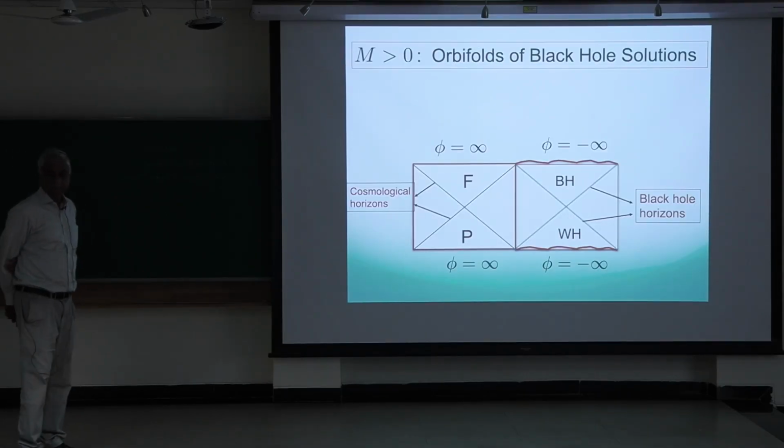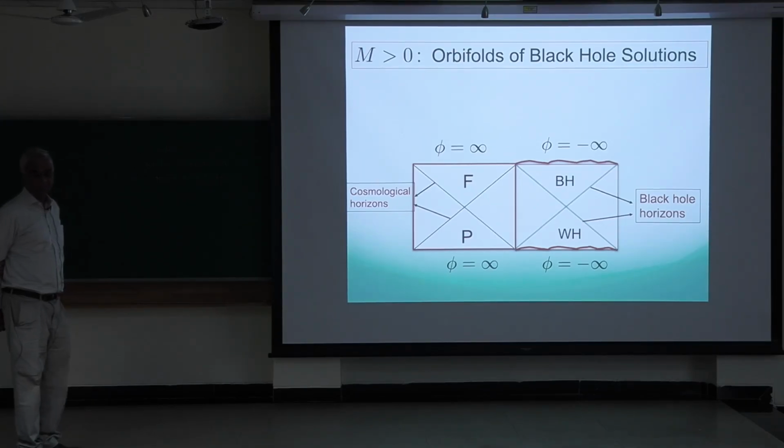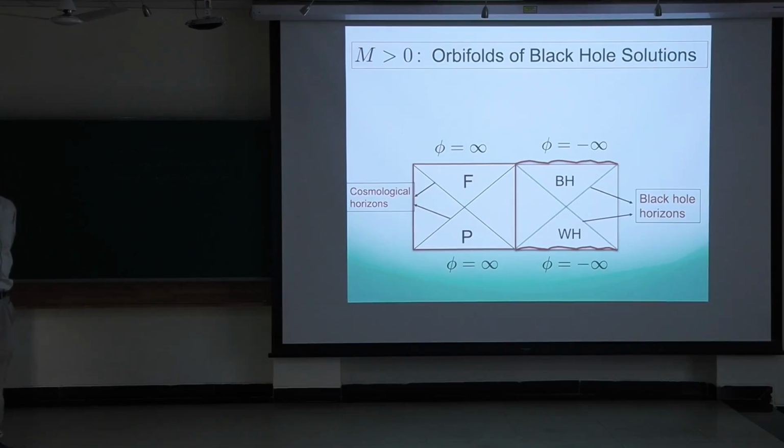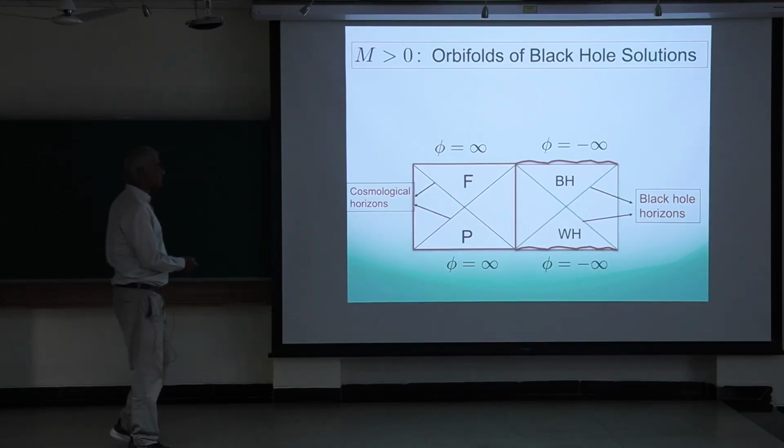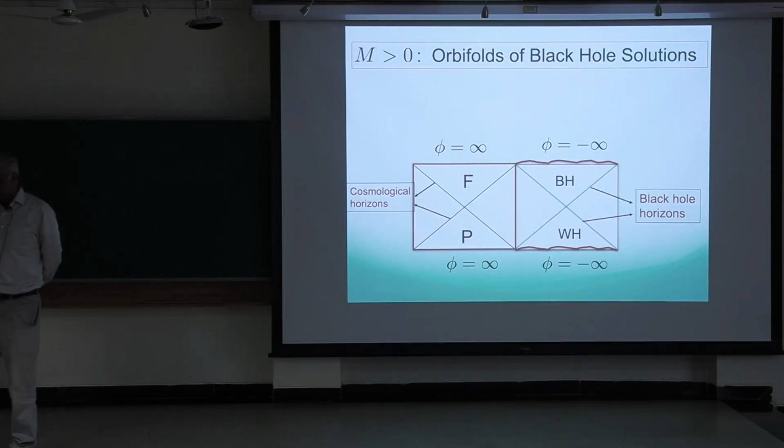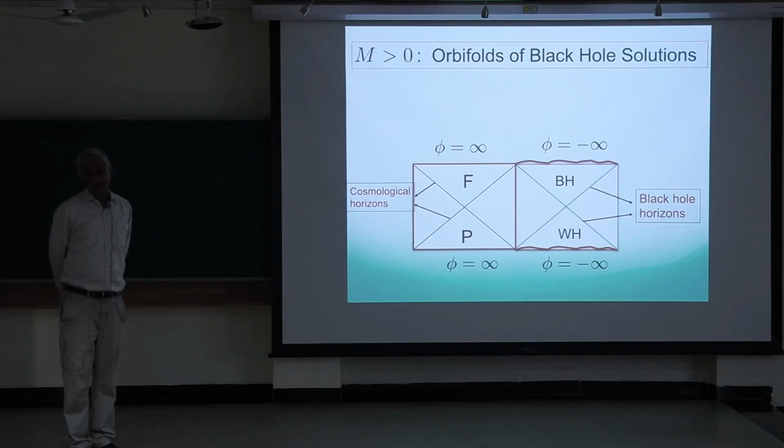Is there an interpretation from the four-dimensional or the higher dimensional perspective of this transition from orbifolds to the usual bound solutions? Okay, there's not a transition, but you could ask, what is the interpretation of these orbifolds in the higher dimensional theory? That's something I'm not sure we would be so happy doing in the higher dimensional theory.